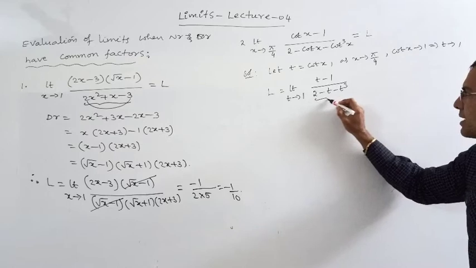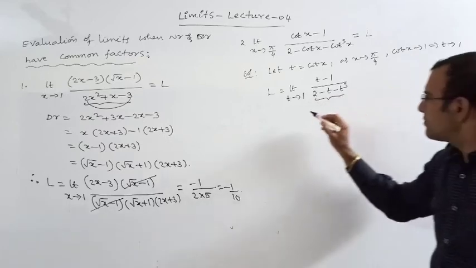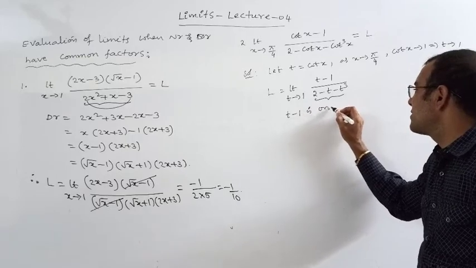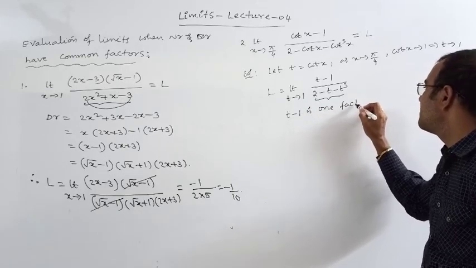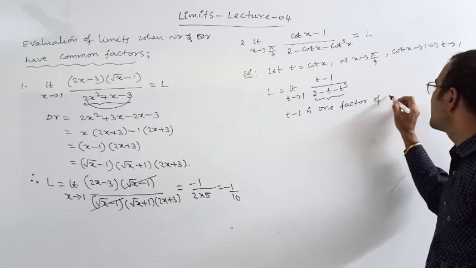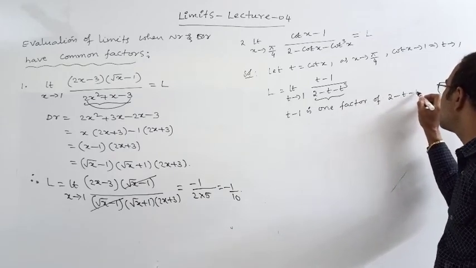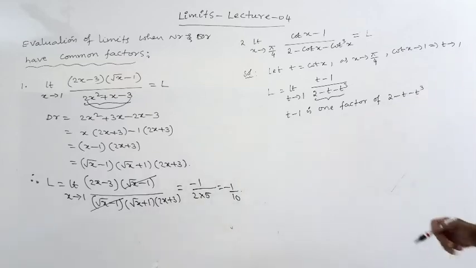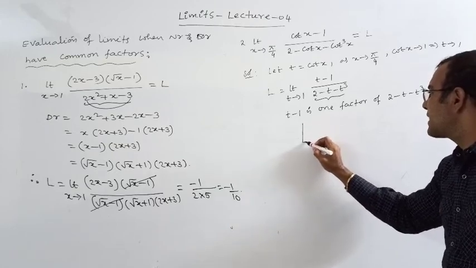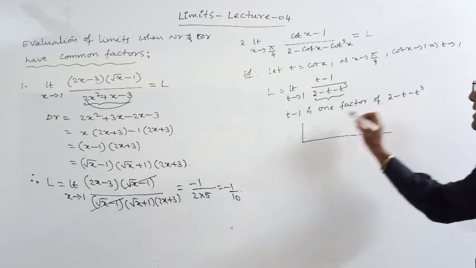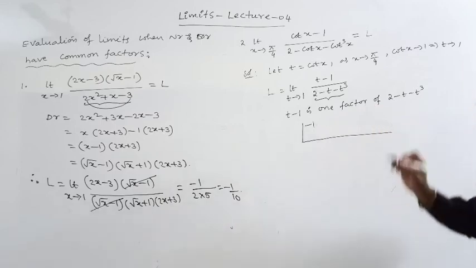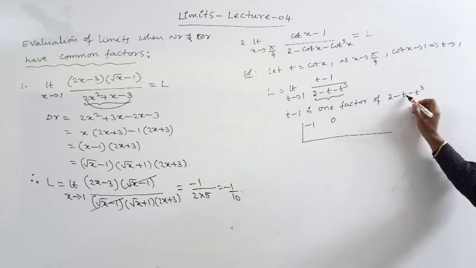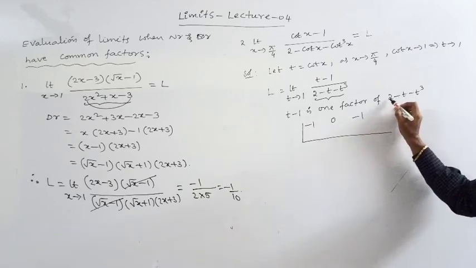So for the denominator, t minus 1 is one factor of 2 minus t minus t cube. Then how do we find out the other factor? You can apply synthetic division. The t cube coefficient is minus 1, there is no t square so you write 0, the t coefficient is minus 1, constant is 2.